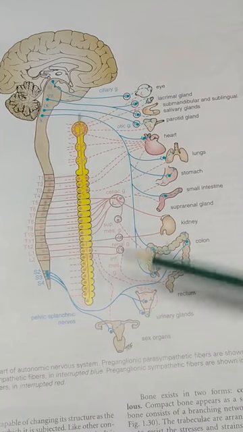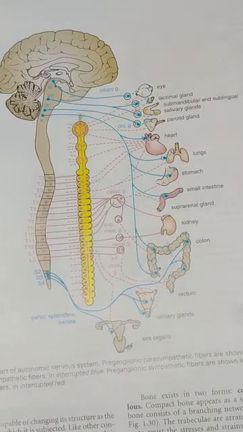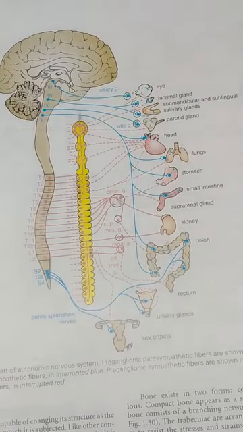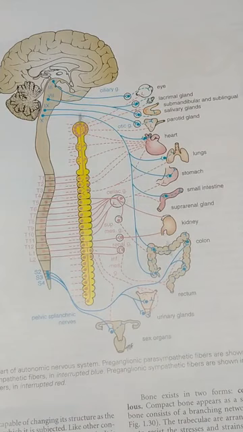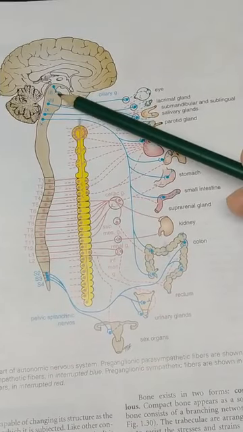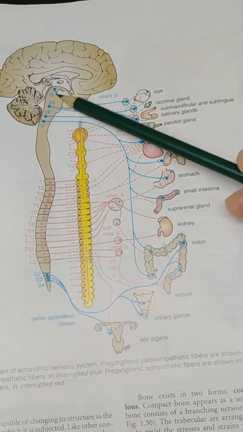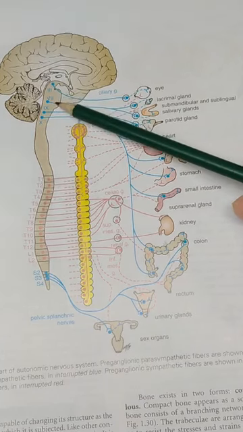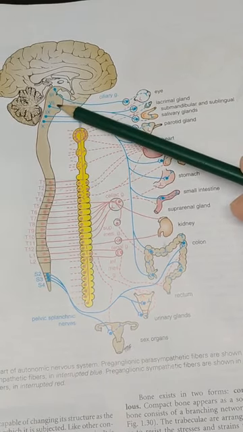Why cranio? Because the parasympathetic fibers in the brain are carried by cranial nerves. What are the cranial nerves that carry parasympathetic fibers? Cranial nerve number 3, which is oculomotor. Cranial nerve number 7, which is facial.